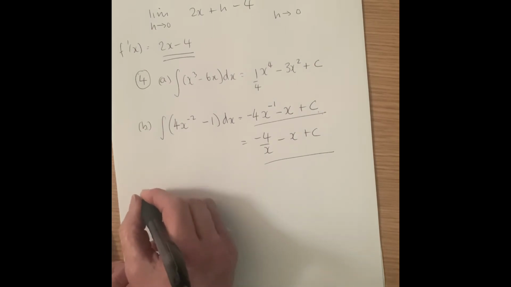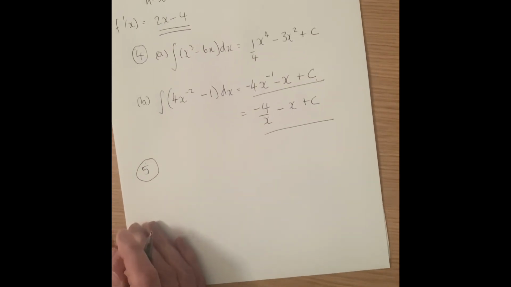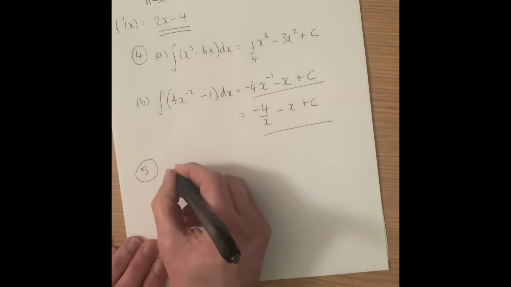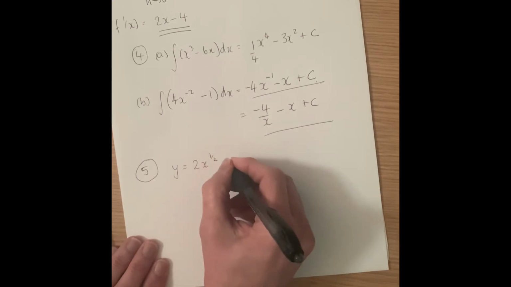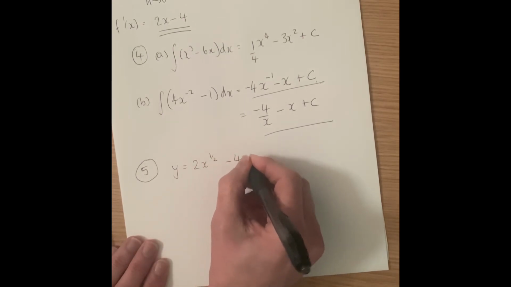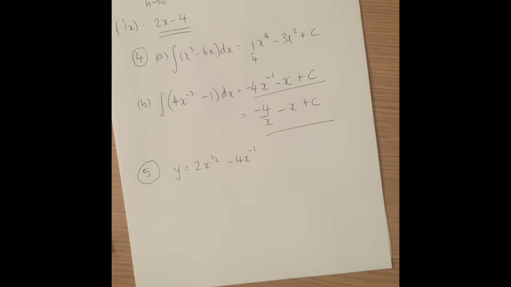Right, question 5. So coordinate geometry. So find an equation of the normal to this curve. So the first thing I'm going to do is I'm going to rewrite my curve in index form. Now, your calculator will do this for you. It will find the dy dx at x equals 4.